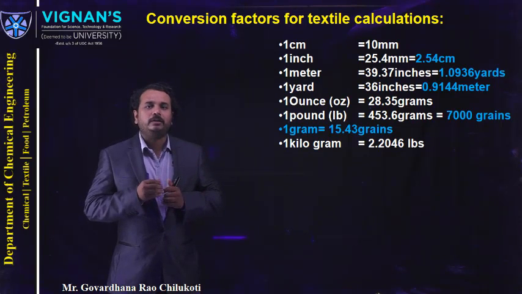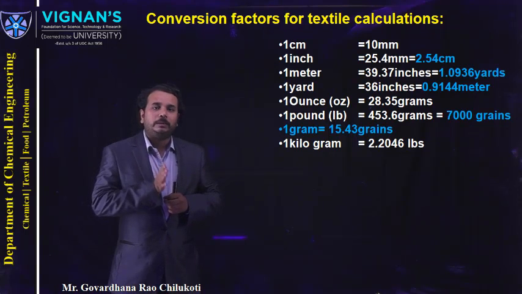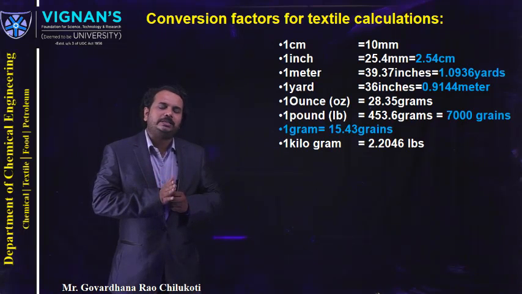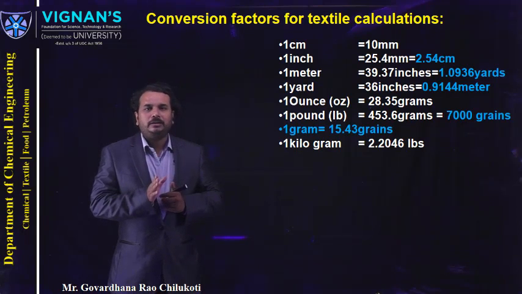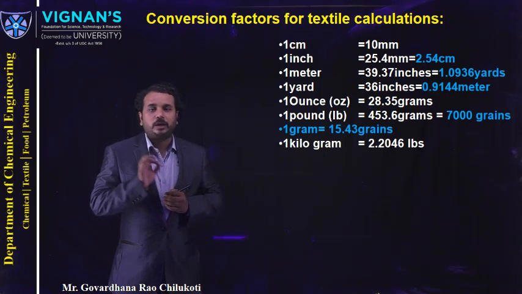The next conversion is yard to meters and inches. 1 yard is equal to 36 inches and 0.9144 meters.